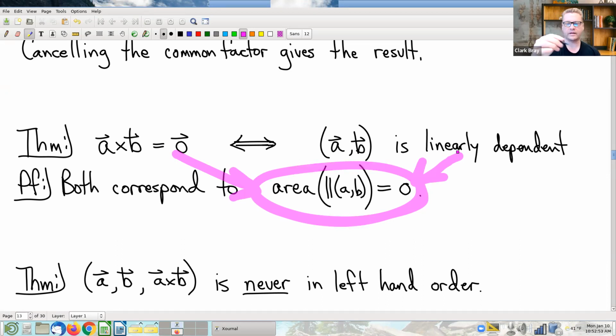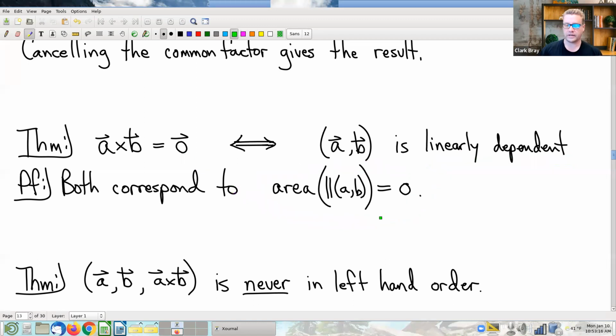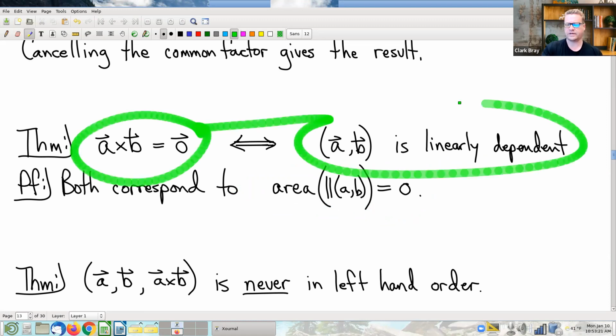The magnitude of the cross product is the area, so if the cross product is 0, then the area is 0. But linearly dependent would mean that those two vectors are either parallel, in which case the area is 0, or one of the vectors is the 0 vector, in which case the area is 0. They're just the same. So neat that this connects to seemingly otherwise hard to connect ideas.